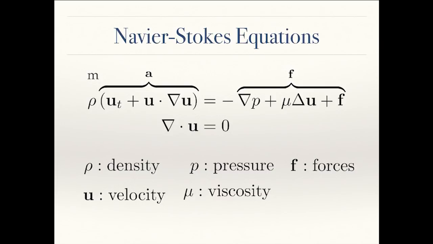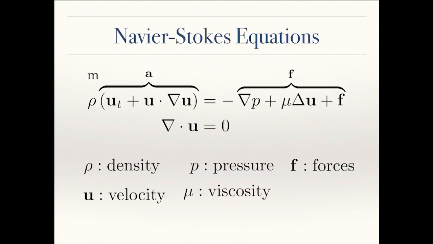So on the left-hand side here, instead of m, the mass, we have a density. So the units of this equation are not force, but they're rather force density, force divided by volume. Then we have an acceleration term, which looks significantly more complicated than an acceleration, and we'll discuss why it looks this way. And then on the right-hand side, we have all the forces that are acting on the fluid.